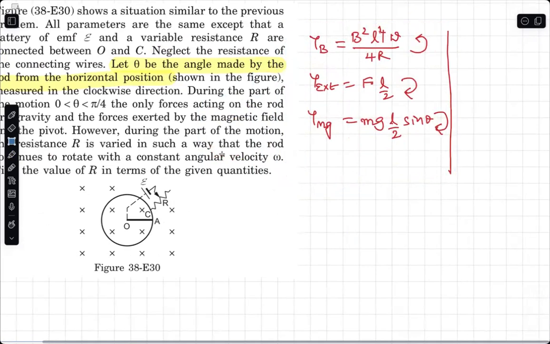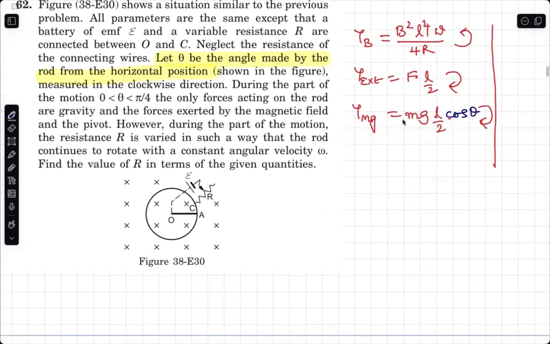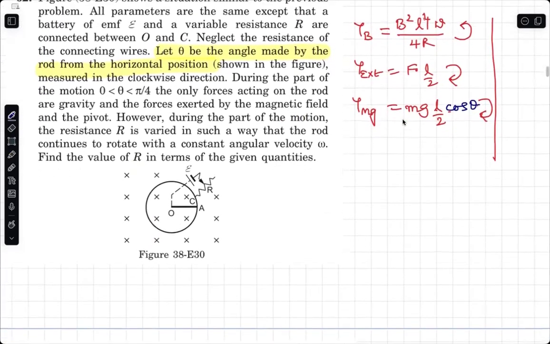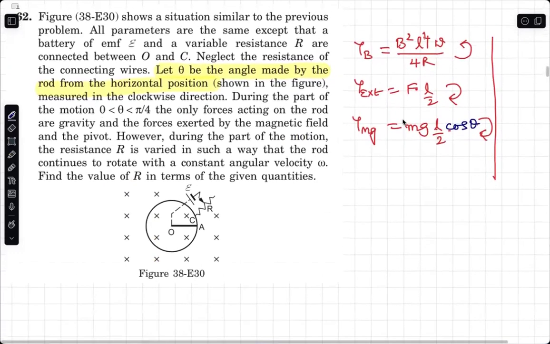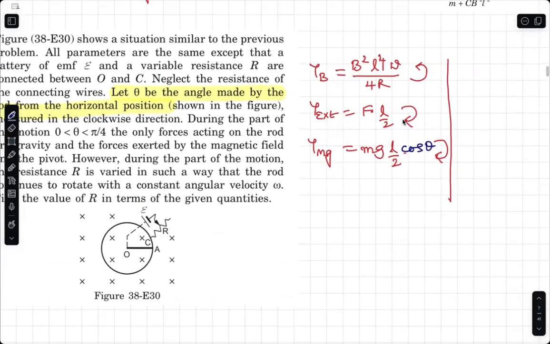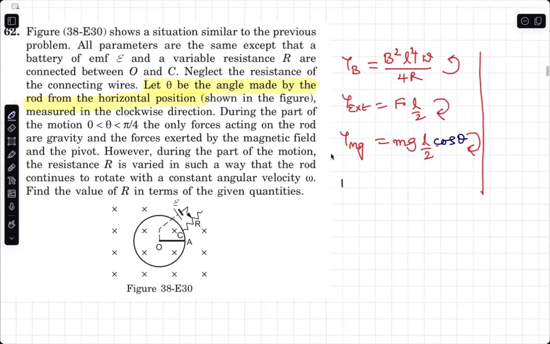In the place of sin theta, I will change, rest everything is okay కదా. ఇంకొకసారి చూసుకుందాం. ఒక్క నిమిషం ఆగు. అది దాన్నే ఉంది, టార్కే కదా. రైట్. You want the net torque to be 0? Means what is that they're asking? Find the value of ఈసారి R అడుగుతున్నాడు.